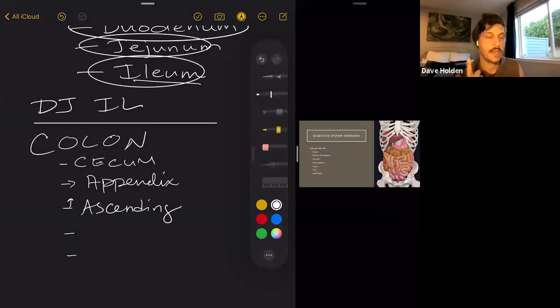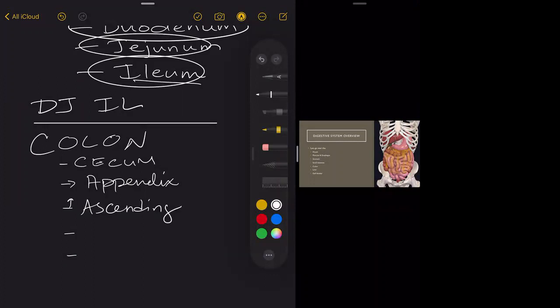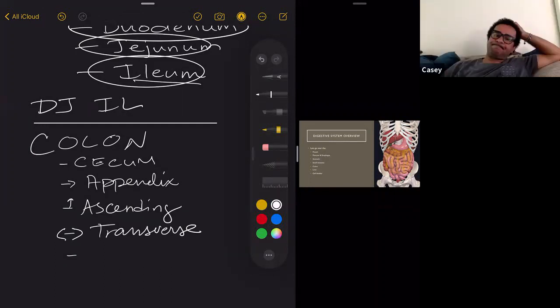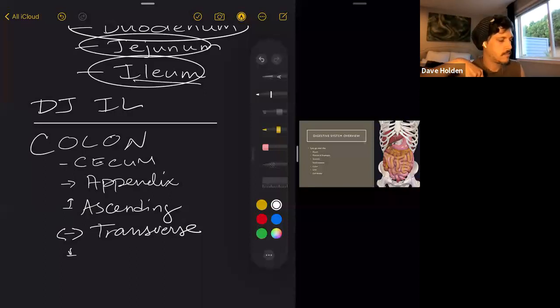After that, we have the transverse colon. After that, we have the descending colon.